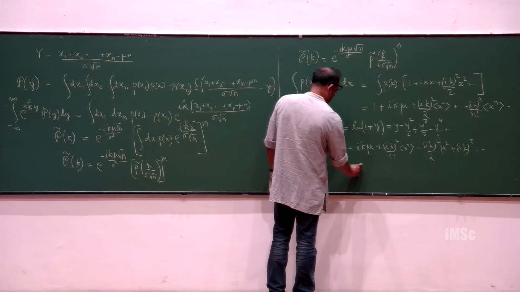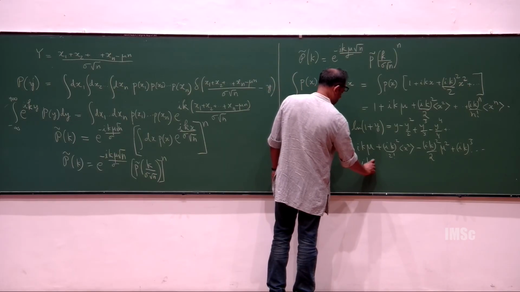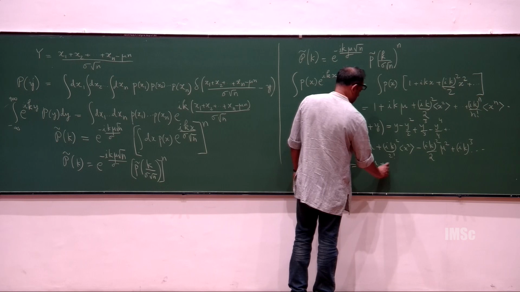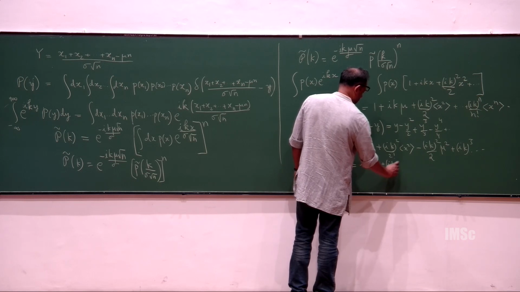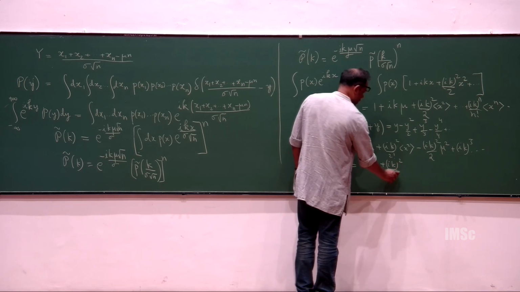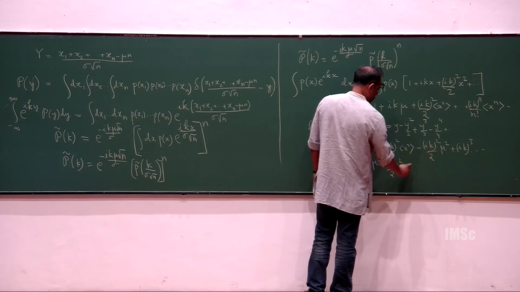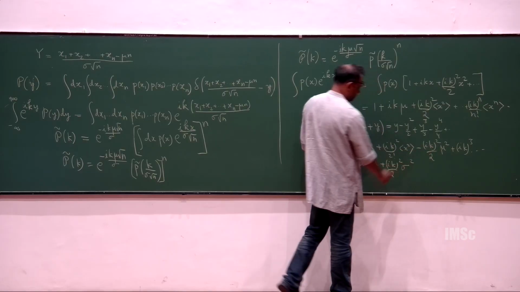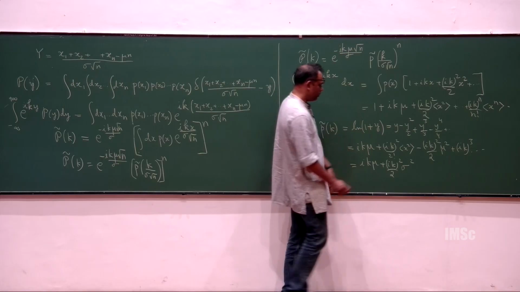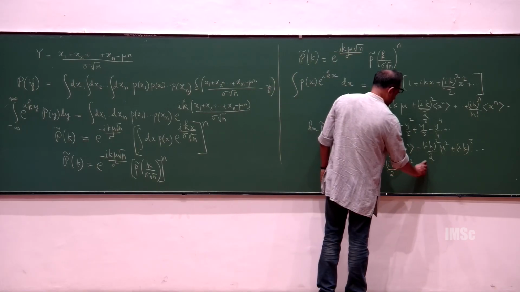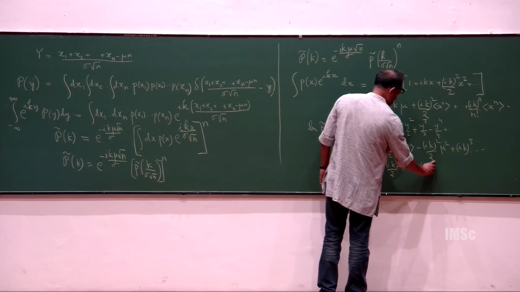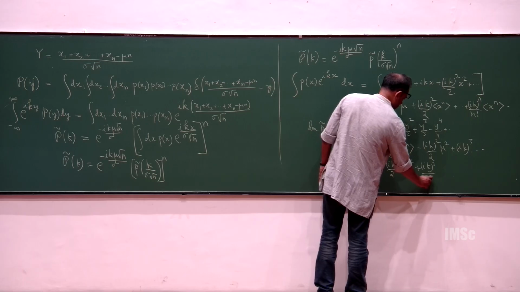So this becomes I k mu plus I k whole square by 2 times x square minus mu square, which is what we defined as sigma square. The remaining ones I will write as plus I k cube by 3 factorial.